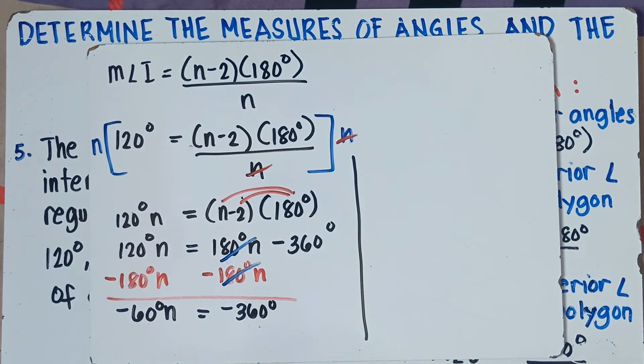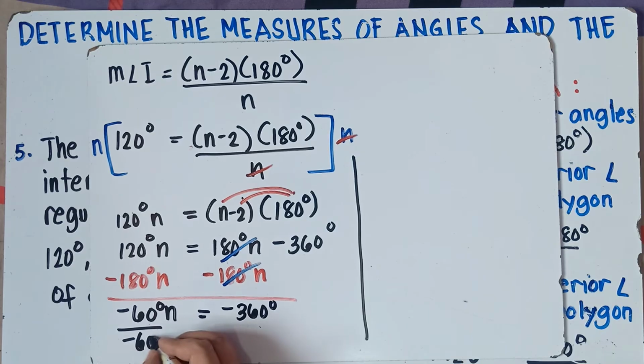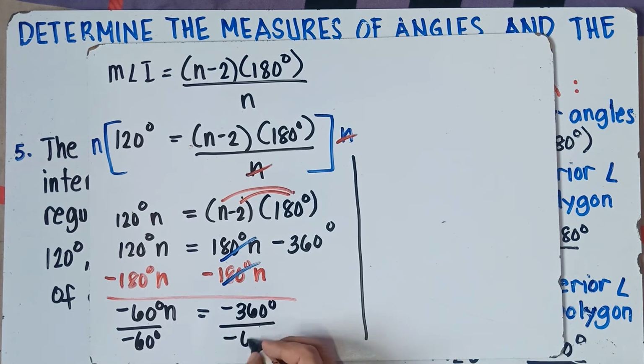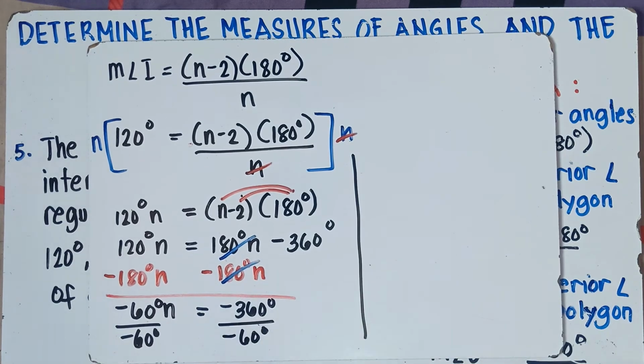And then to get the value of n, you can divide both sides by negative 60 degrees. So dividing both sides by negative 60 degrees, we can simply cancel this out. 60 degrees divided by 60 degrees, that is 1.